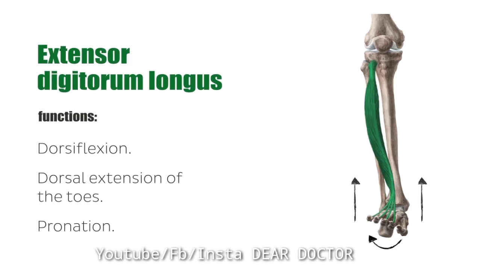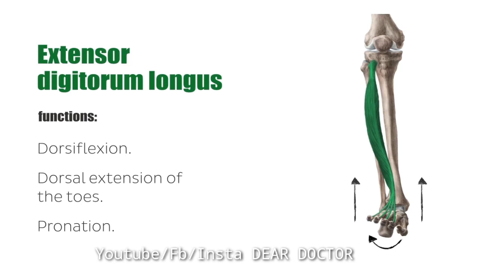So pronation on the ankle joint is when you lift the lateral side of your foot and stand on the medial edge of the foot, as you can clearly see here on this image. So this is the lateral side, the medial side of your foot. You're standing on the medial side and lifting the lateral side, and this is what we call pronation or eversion.